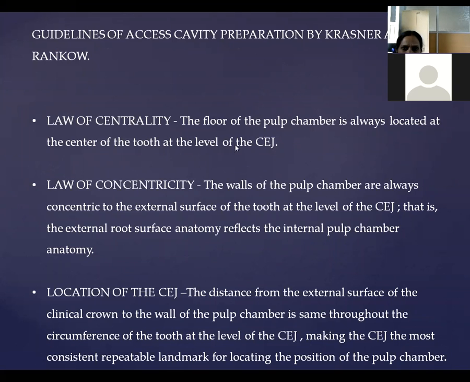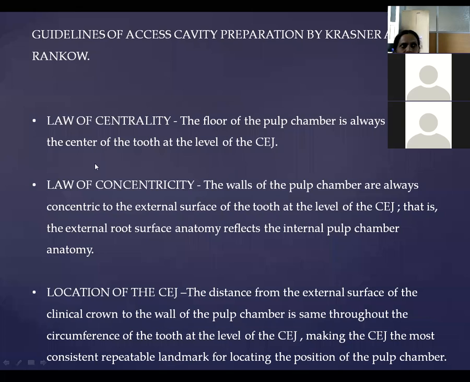You can determine the floor of the pulp chamber by locating the CEJ. This law of centrality is important to us when the pulp chamber is totally calcified. In that case you cannot find the pulp chamber, and you have to remember that you are not going beyond the floor of the pulp chamber.